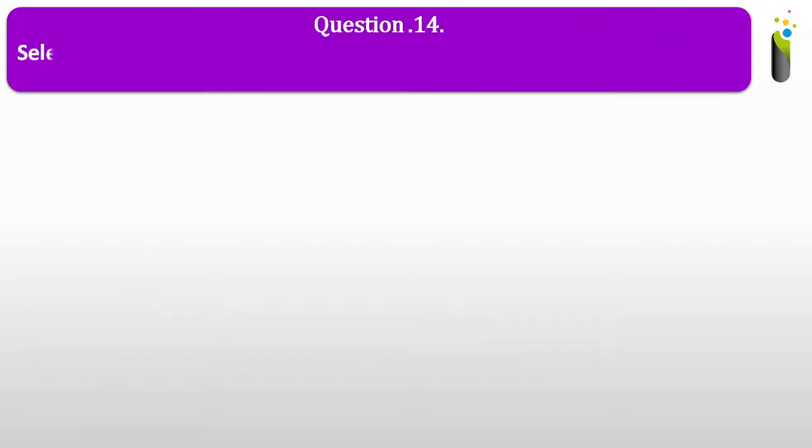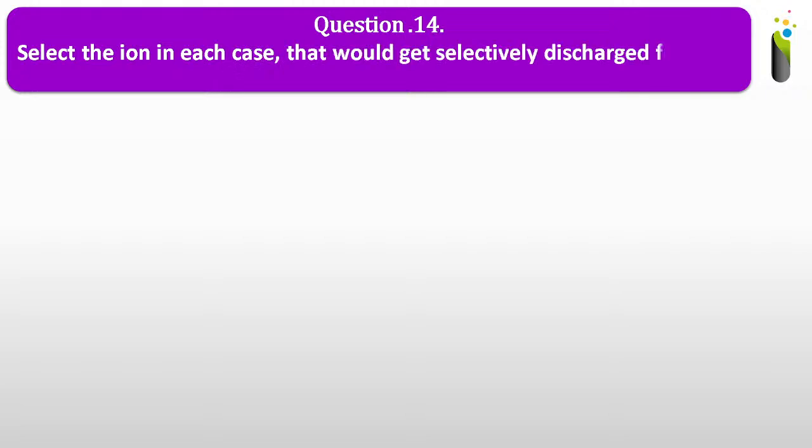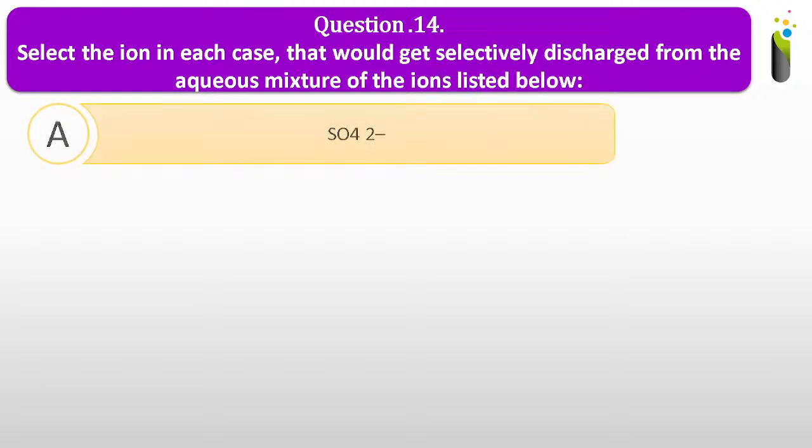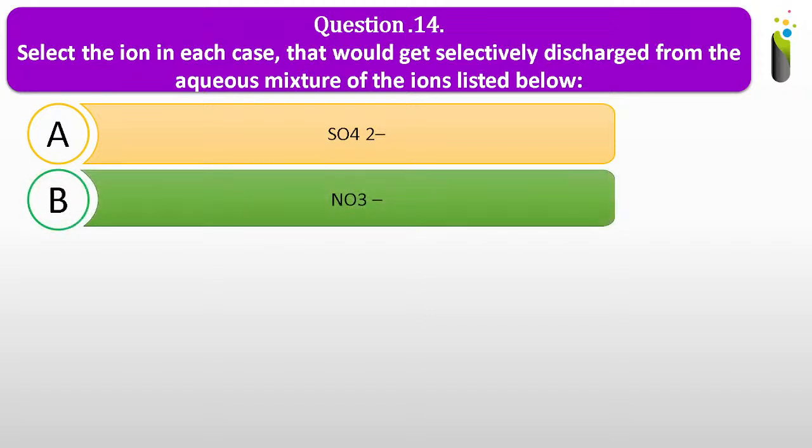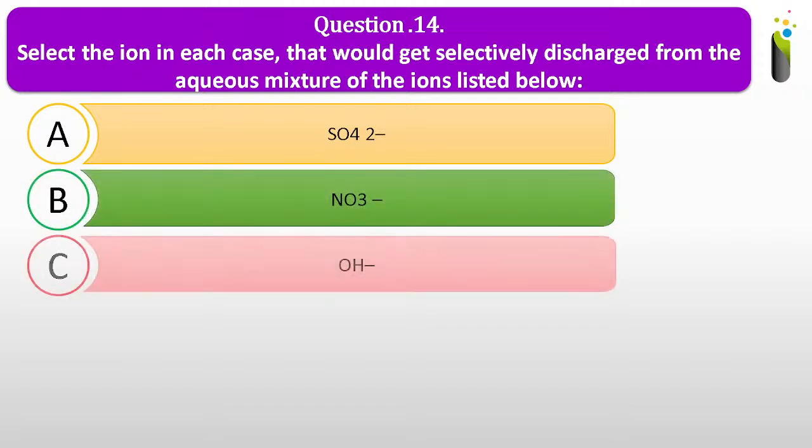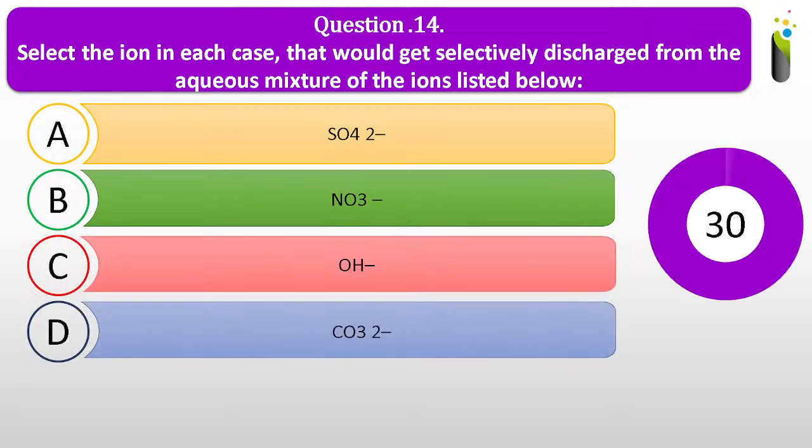Question number 14. Select the ion in each case that would get selectively discharged from the aqueous mixture of the ions listed below. A. SO4 2-, B. NO3-, C. OH-, D. CO3 2-.